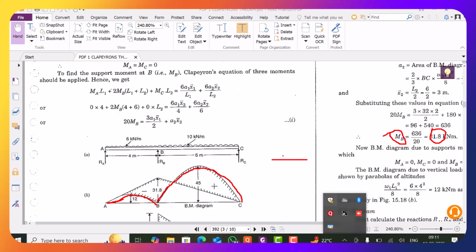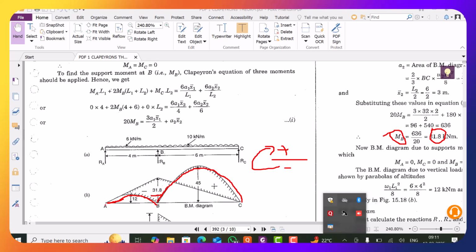If I try to plot positive above the line and negative below the line, I cannot overlap the bending moment diagrams, and overlapping is necessary so that I know what the neutral area is. So 31.8 is the negative bending moment which I have plotted here above the x-axis. This also I have plotted above the x-axis so that plus and minus get overlapped and I will be able to judge the neutral area.